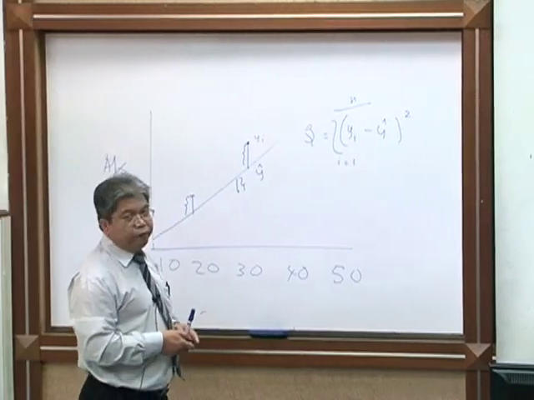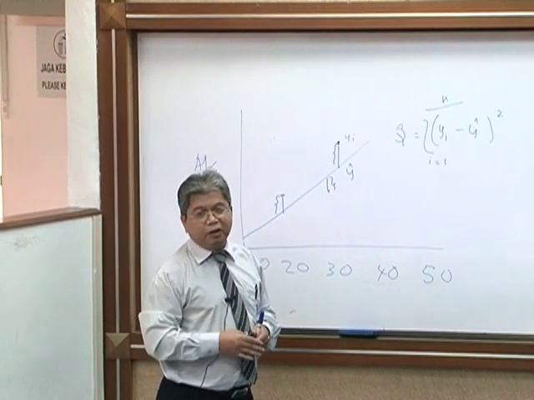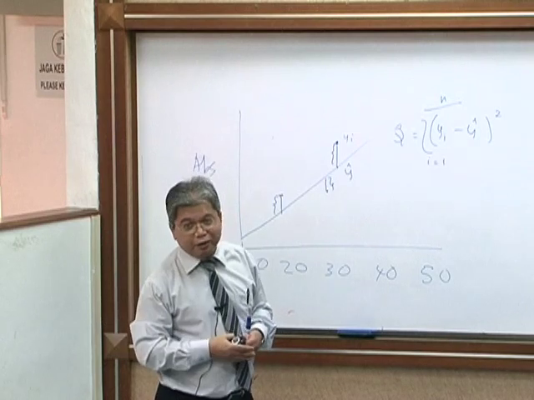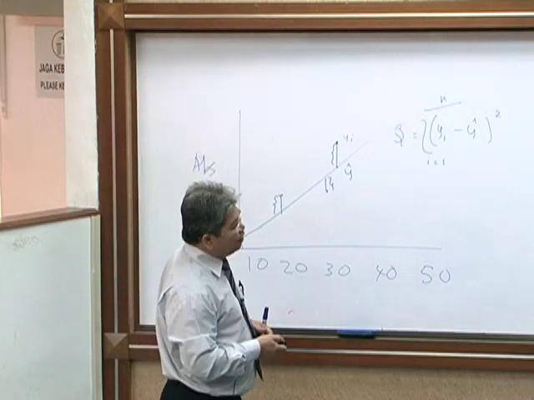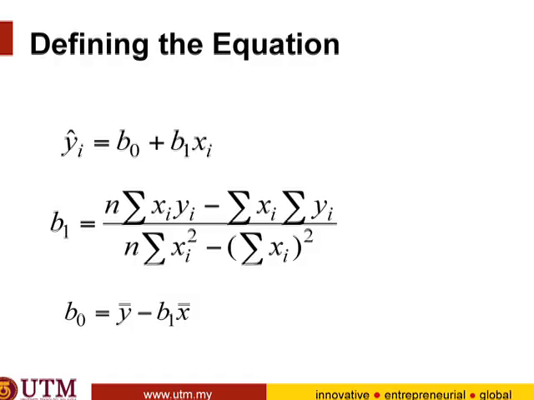How do we derive B0 and B1? That's probably beyond this discussion. This is probably best discussed in a statistics course. Let's say we have B0 and B1 here, y hat equals B0 plus B1 x.